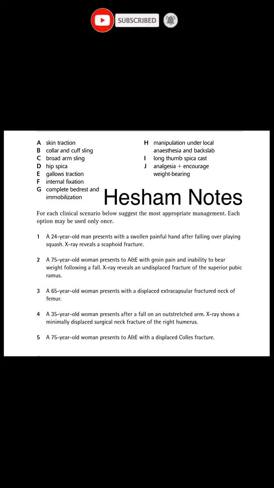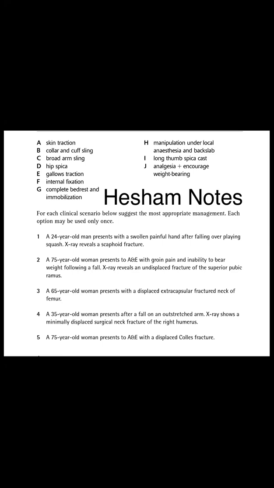Question number 5. A 75-year-old woman presents to accident and emergency with a displaced Colles fracture. Displaced Colles fracture should be managed with... Broad arm sling, option C. No, you have to put a slab, not a sling only.